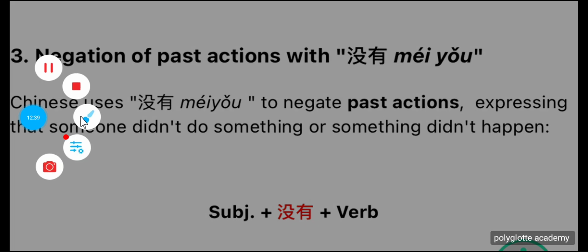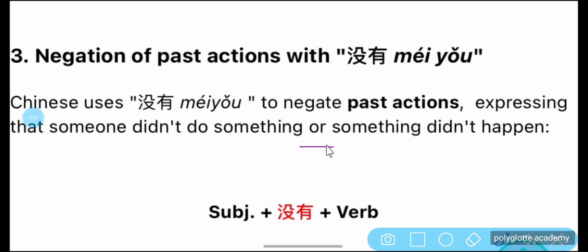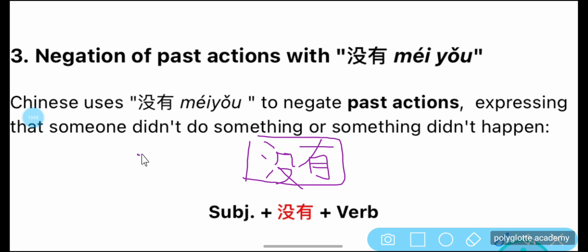Okay, we have the third point, negation of past action with 没有. We explained in the previous video that 有 is the verb to have, and 有 is negated with a special character called 没. So 没有 means not. We use 没有 for past actions, while we use 不 for present and the future.